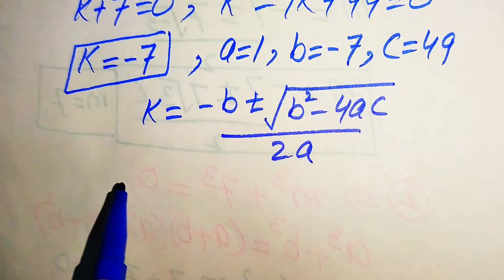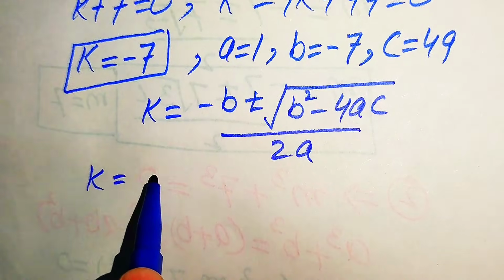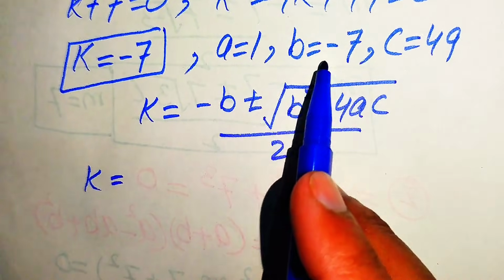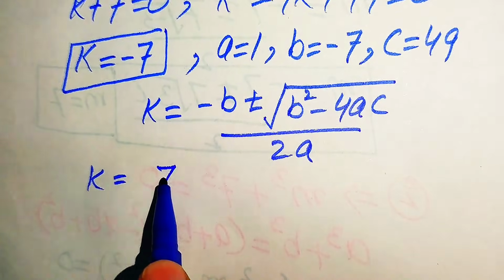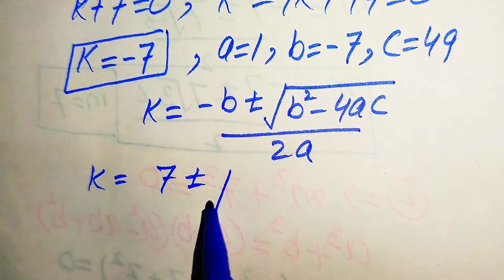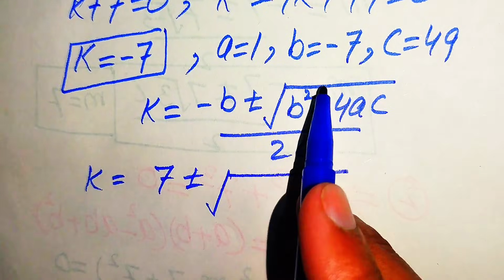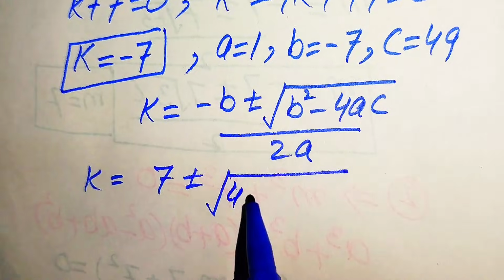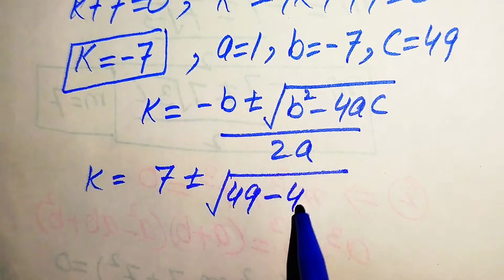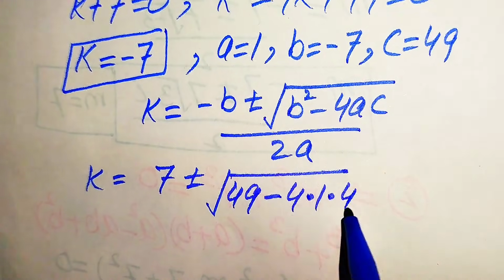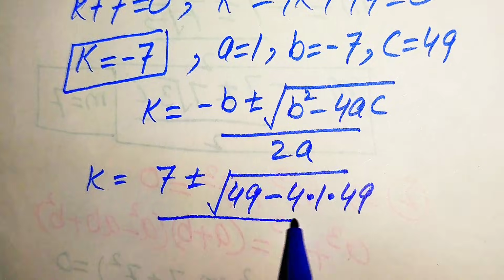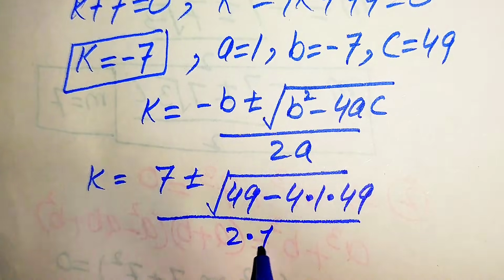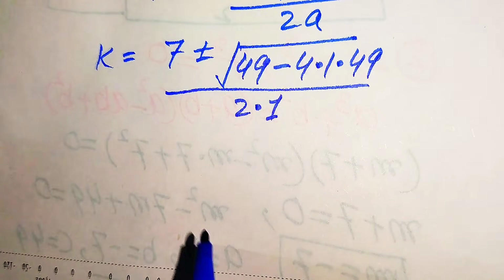So here we substitute all the values of a, b and c, and it becomes 7 plus minus square root of b square. So b is minus 7, and minus 7 square becomes 49, and minus 4 times a, which is 1, and c is 49, and it is divided by 2 times a, and here our a is equal to 1.